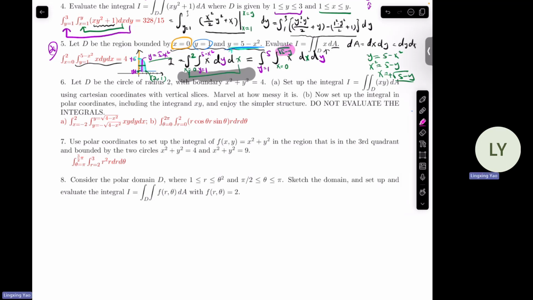We don't want to have this square root to do the integral. So how about we just stick with this formula and compute the integral.